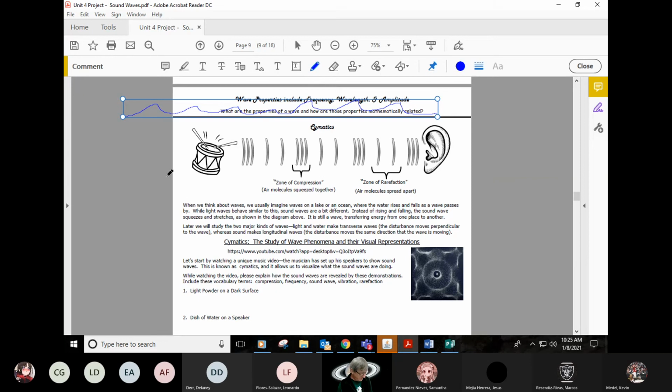What's happening is that some form of energy, often on a lake, it would be the wind, or it might be a boat that created these waves. At any rate, some form of energy is moving through the water, or whatever it might be. The air, space, whatever it might be.